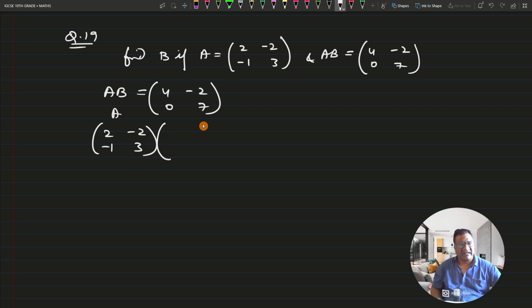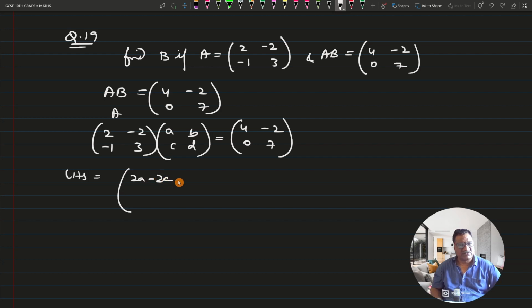Now B, let it be A, B, C, D. The elements, let it be A, B, C, D. This will be equal to 4, minus 2, 0 and then 7. Isn't it? Now let us do this multiplication. So on the left hand side, I should get first row, first column, that is 2a minus 2c.